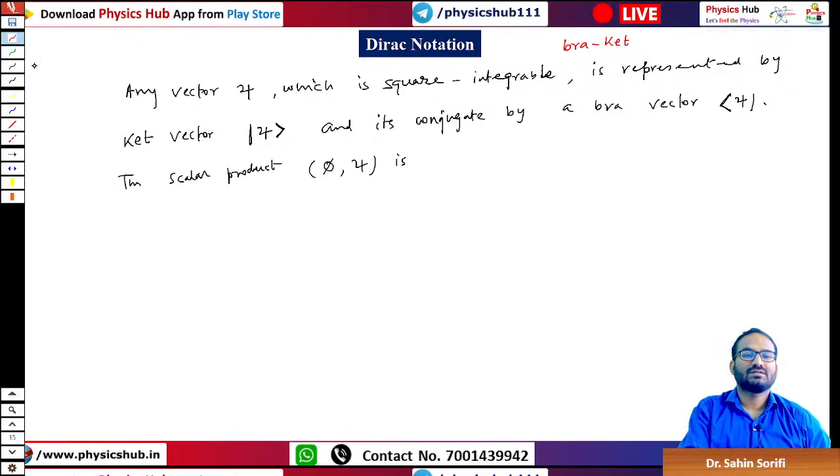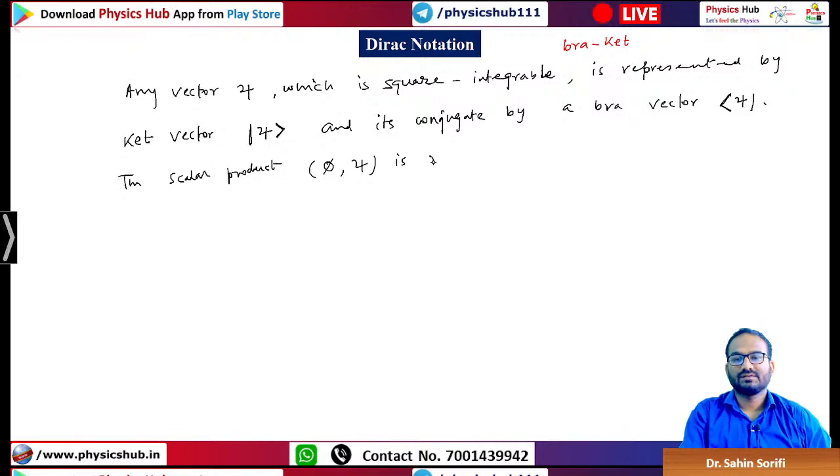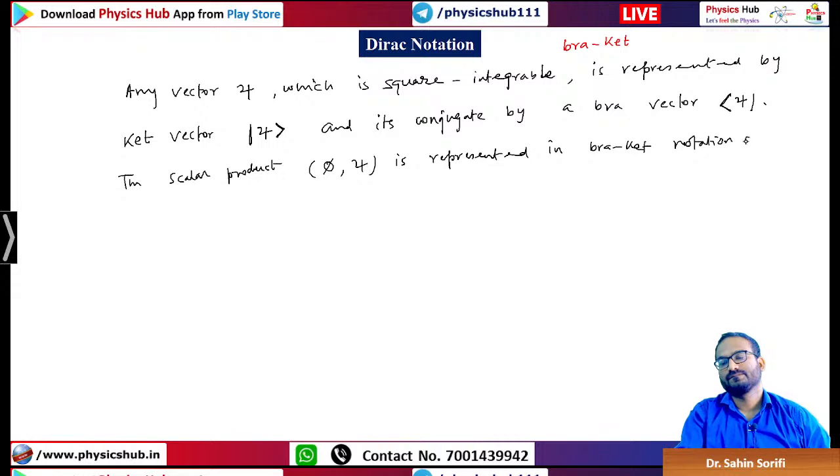The scalar product of psi and phi is represented in bracket notation like this.